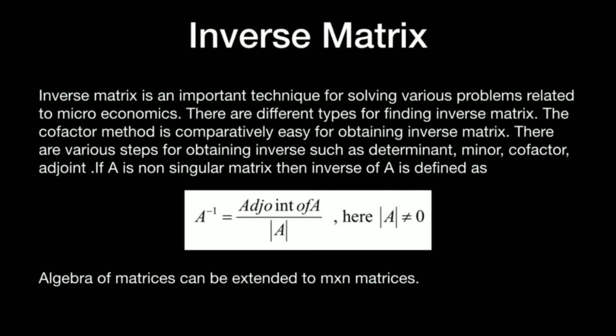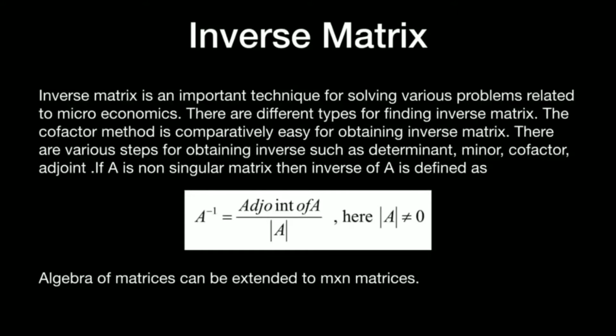Okay, next we have the inverse matrix. The inverse matrix is an important technique for solving various problems related to microeconomics. There are different methods for finding the inverse matrix. The cofactor method is comparatively easy for obtaining the inverse matrix.